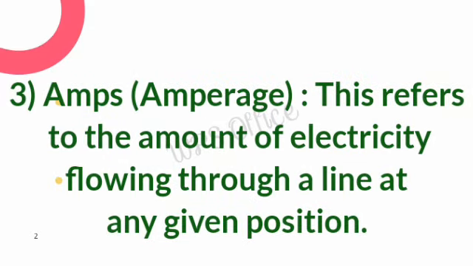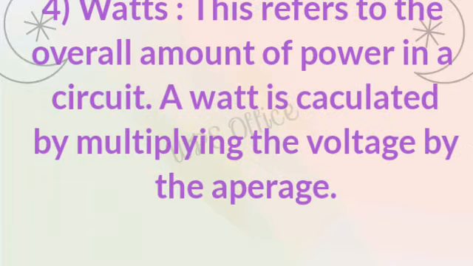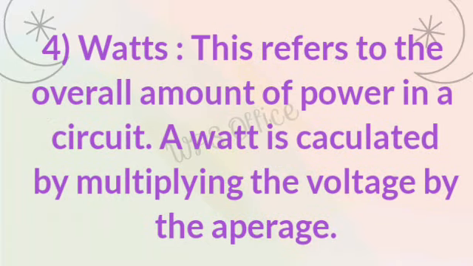Next, 3, amps, which is called amperage. Amps refers to the amount of electricity flowing through a line at any given point. 4. Watts.